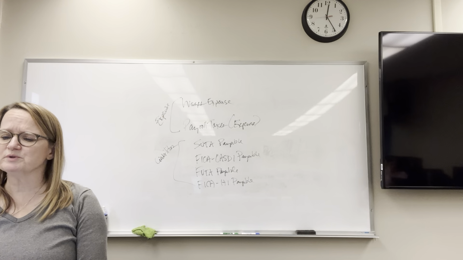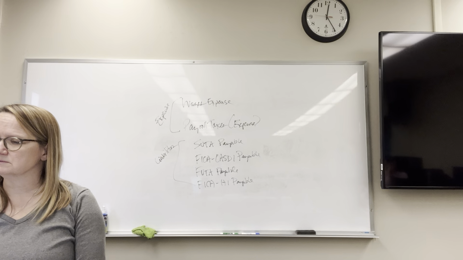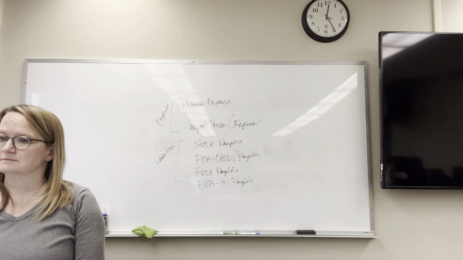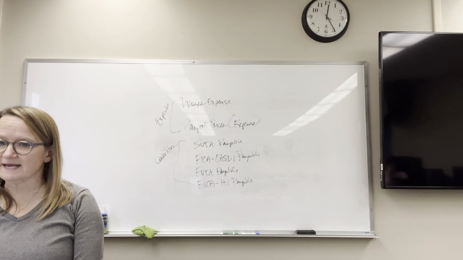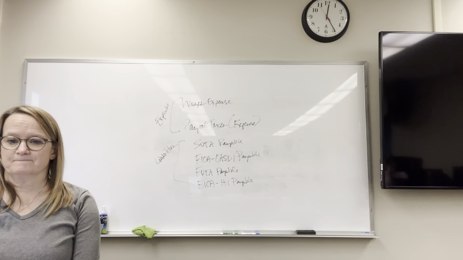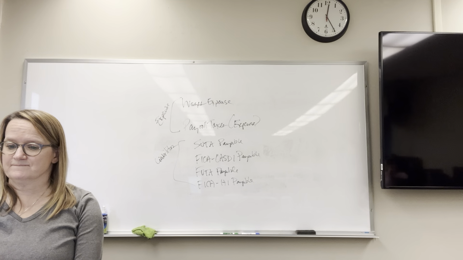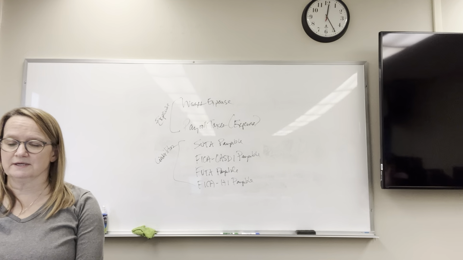Let's see, what form do we use to report our FUTA taxes? We file it annually. 940, that is correct.